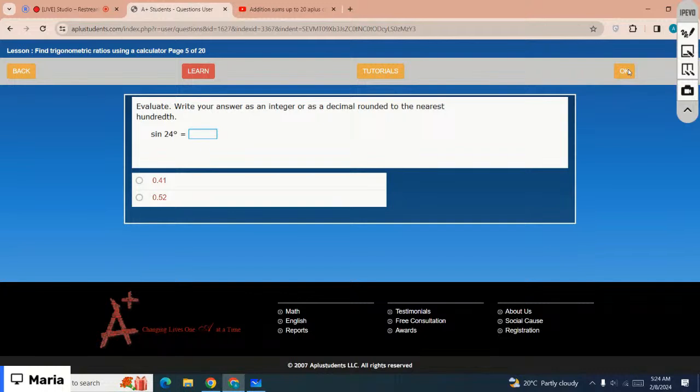That is 0.41. Option number 1 is the correct option, right? The correct option is 0.41.